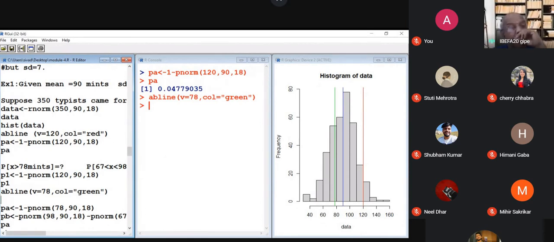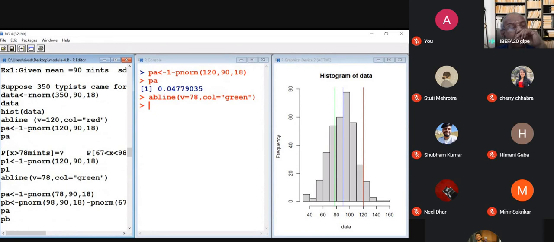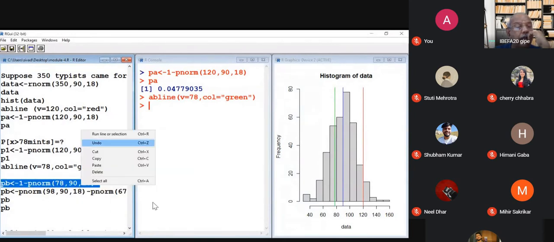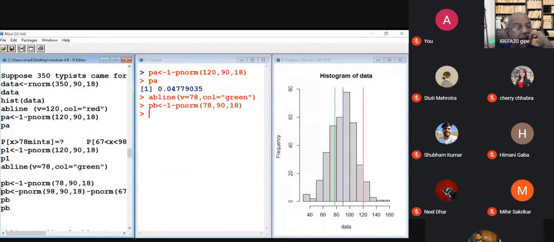And the probability will be the same way, 1 minus pnorm, and the answer will be so much.